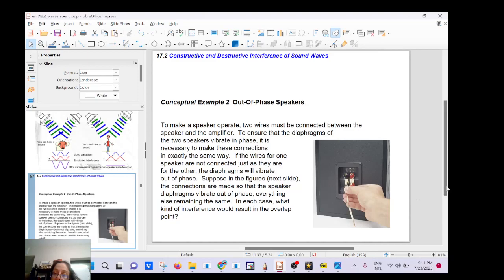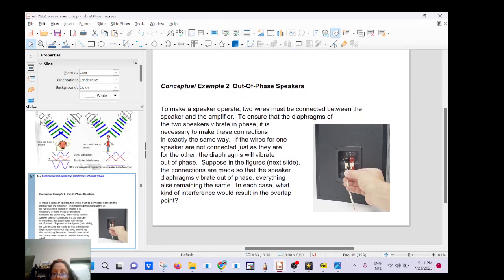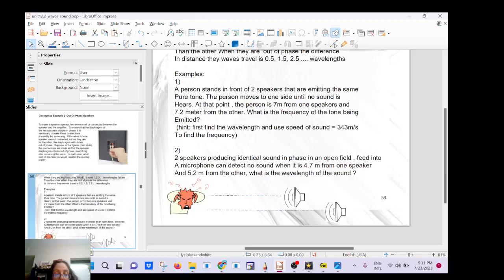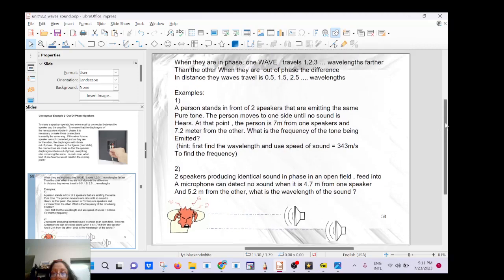So you have to be very careful when you do the connections with speakers. You don't want to have speakers out of phase, otherwise you're not going to hear anything. Okay, so let's take an example.